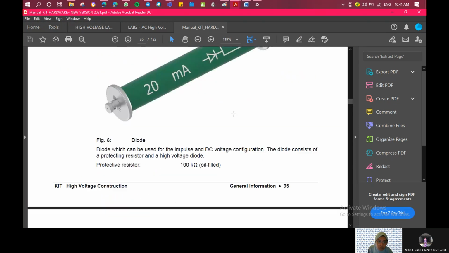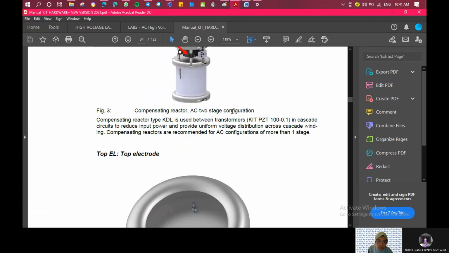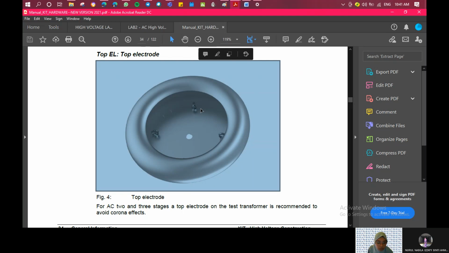top electrode, which is this one, top electrode.